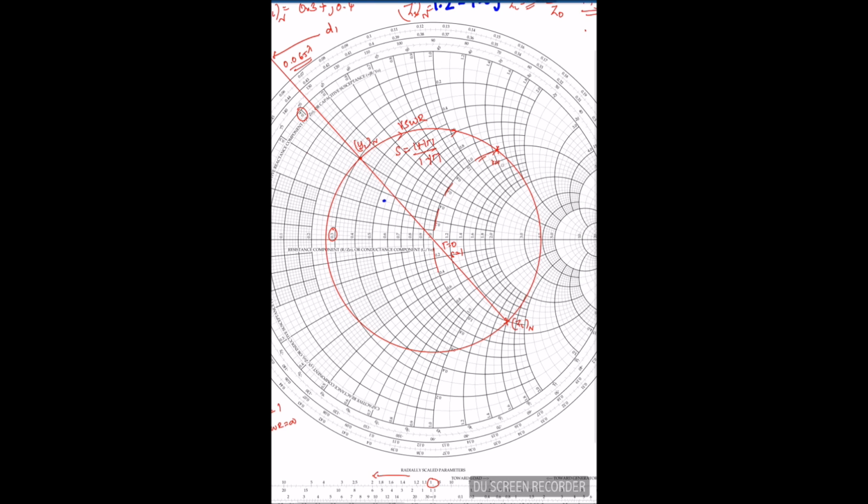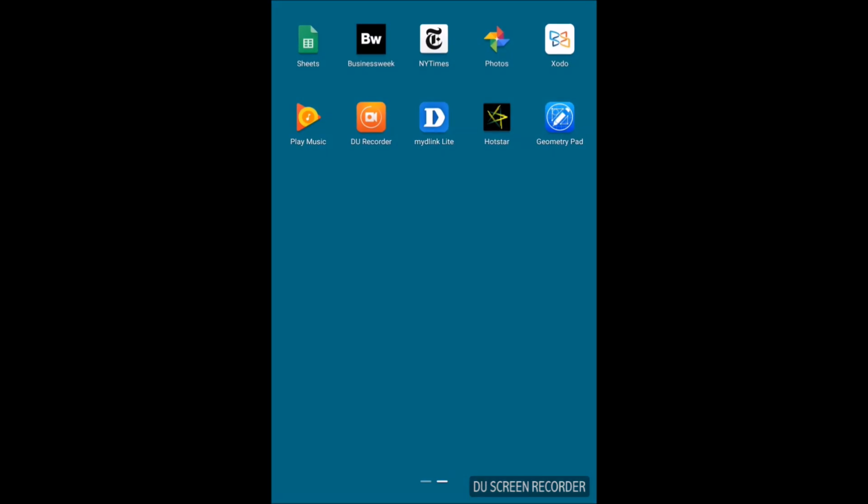That is nothing but my d1. So I have to move from the load to the r equals 1 circle. How much wavelength of the transmission line should I add so that I will get r equals 1? The r equals 1 can also be written as g equals 1, so both are the same.